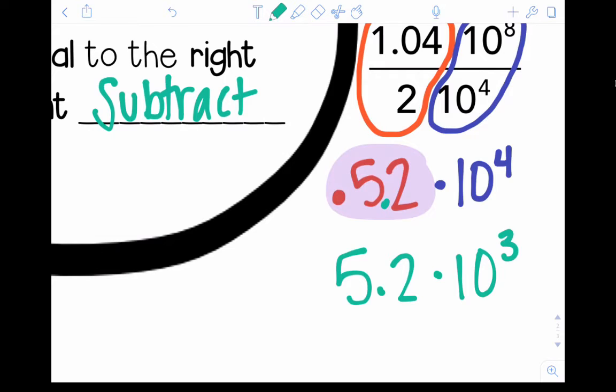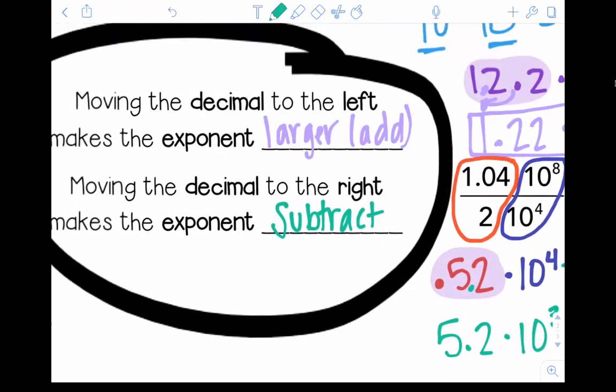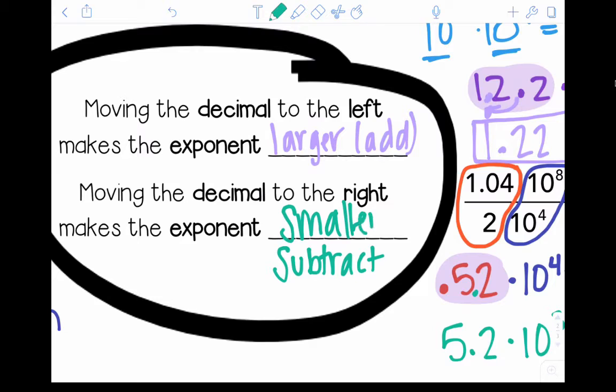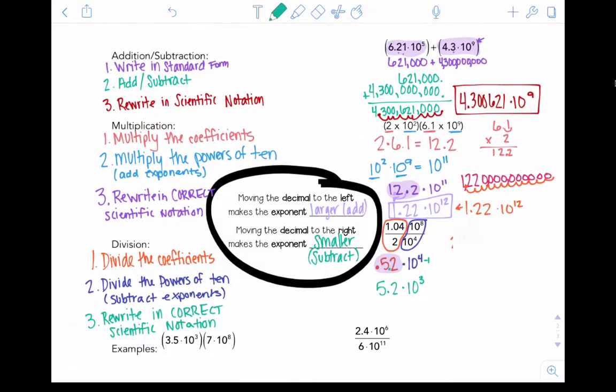So I did 4 minus 1 because it moved one time to get 3. So moving the decimal to the right makes the exponent smaller, which means I'm going to subtract. So the final answer here is 5.2 times 10 to the 3rd.